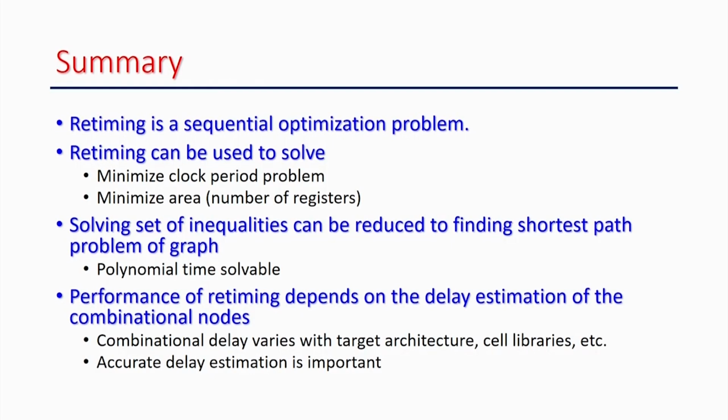One important factor here is the delay value, the delay of those nodes, because this is not the actual circuit, it is a virtual kind of circuit, while the real one is in the physical chip. The performance of retiming primarily depends on this delay value, how accurate the combinational delay estimation of those nodes is.